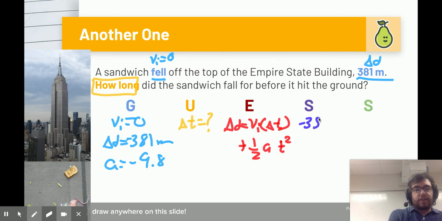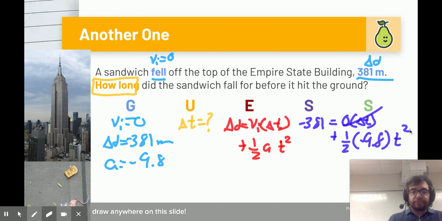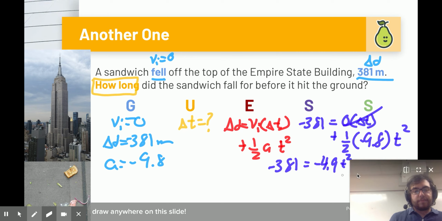Negative 381 is equal to 0 times time. That cancels out. Plus 1/2 times negative 9.8 times t squared. 1/2 times negative 9.8 is negative 4.9, times t squared.